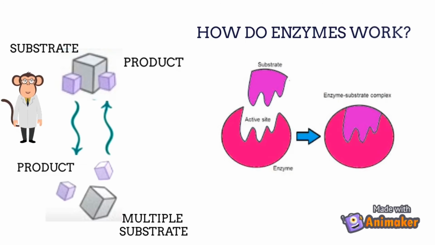The enzyme and the substrate are always moving and occasionally collide at the right speed and orientation. The substrate sits into the enzyme at a region called the active site. The active site is a region within the enzyme that fits the shape of the substrate molecule.